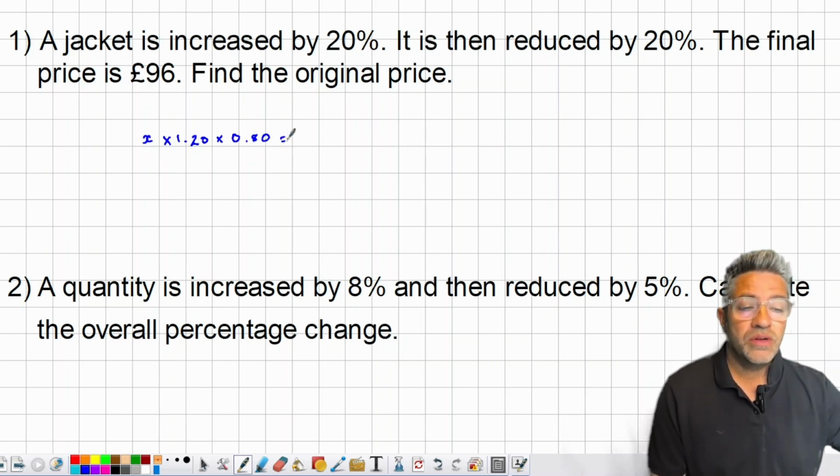And we are told that the final price is £96.